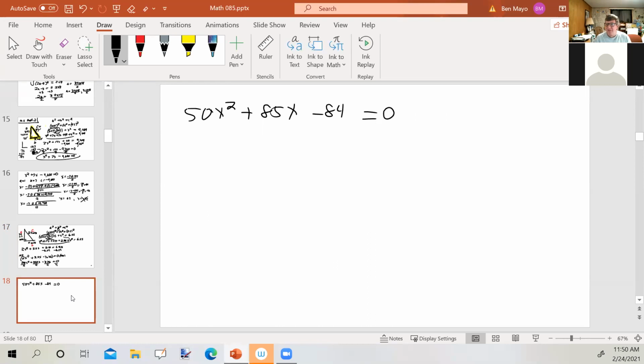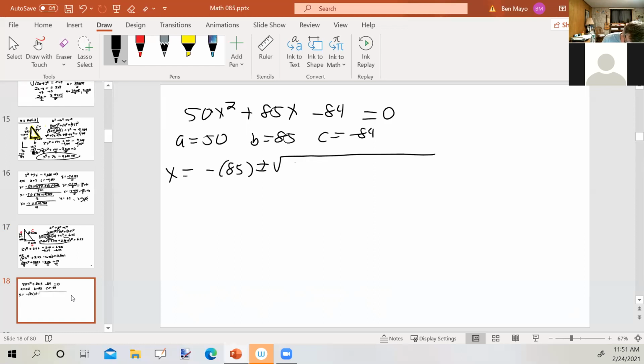So now it's time to plug it into the quadratic formula, okay? So A is 50, B is 85, C is negative 84. X equals negative B plus or minus the square root of B squared minus 4AC all over 2A.